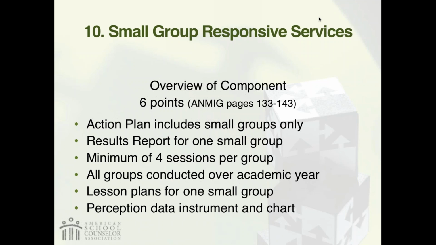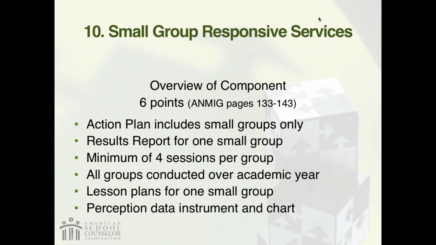You're doing another one for small groups in this one, but this one is only the small groups that you offer. In addition to an action plan, this component includes a results report for one of those small groups that you offer. According to ASCA, it counts as a small group if it has at least 4 sessions, and you're thinking about all of the groups that you conduct over one academic year.